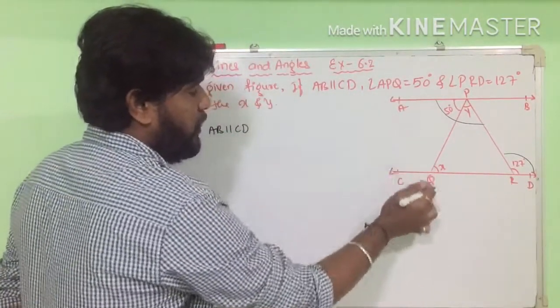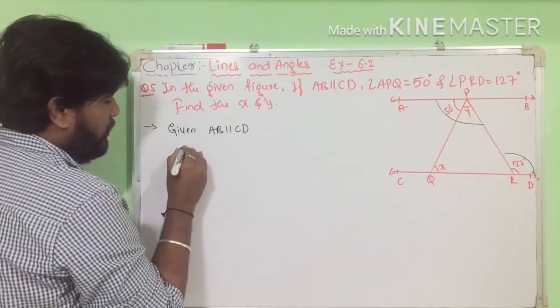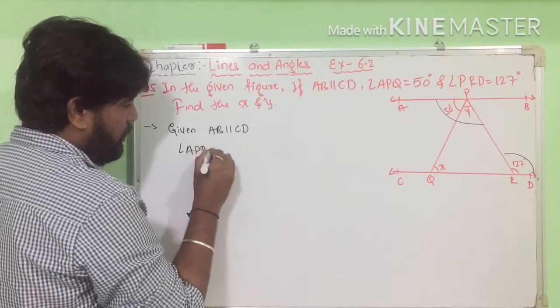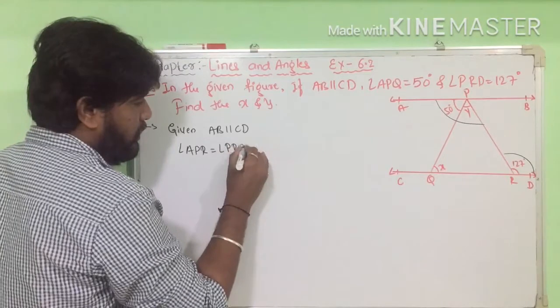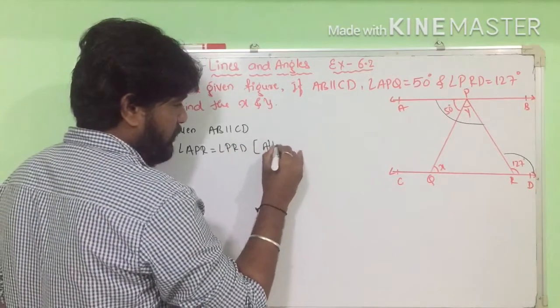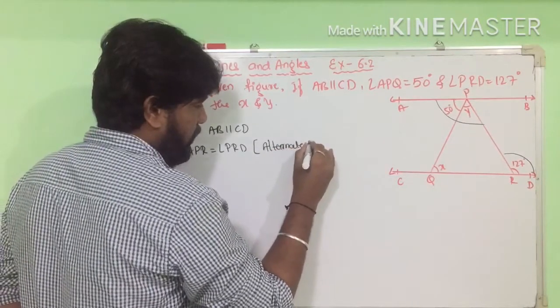Alternate angles because AB is parallel to CD. So write down here angle APR is equal to angle PRD. The reason here is alternate interior angles.